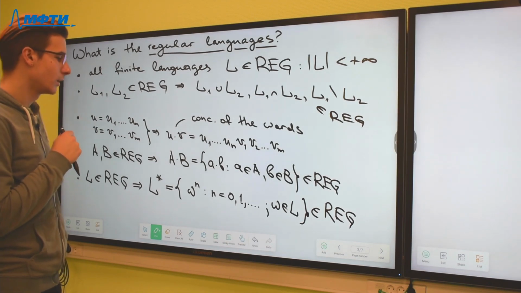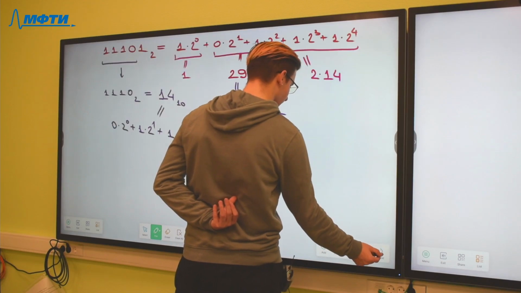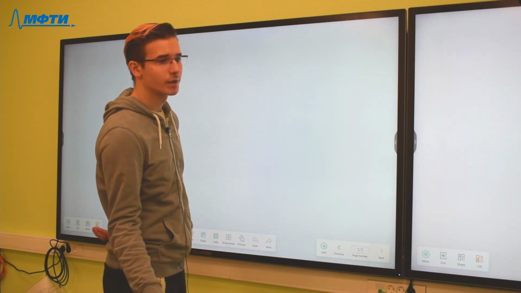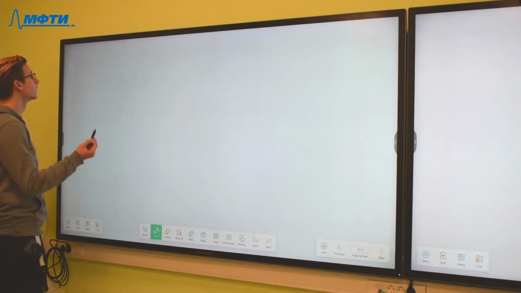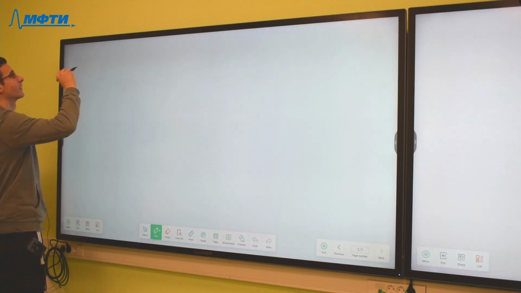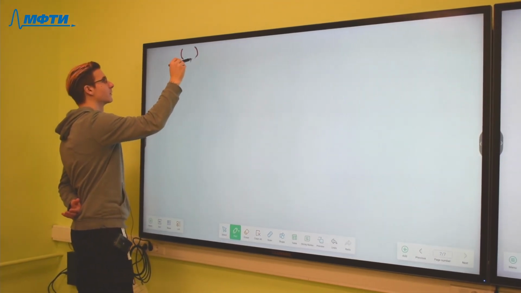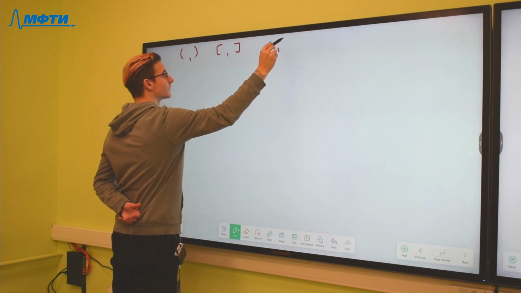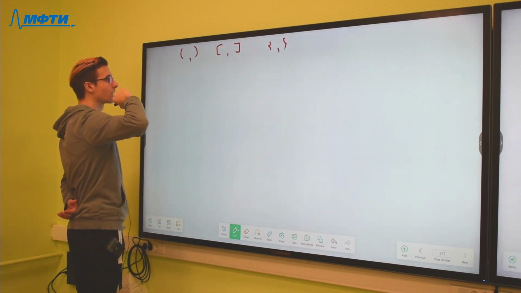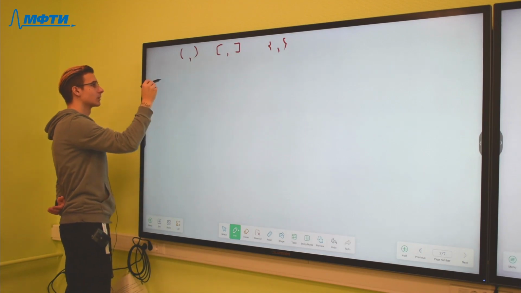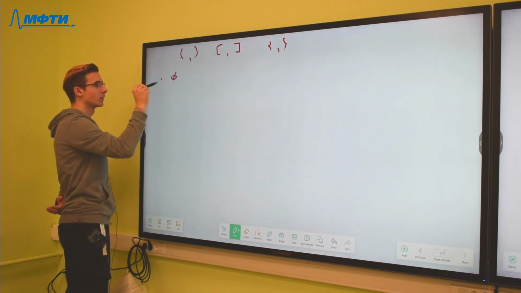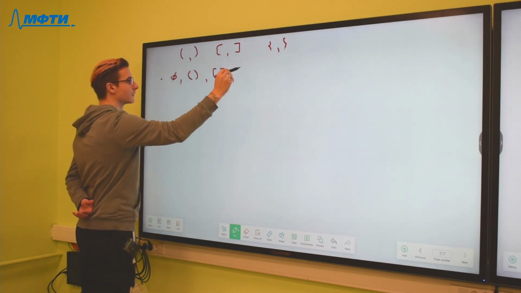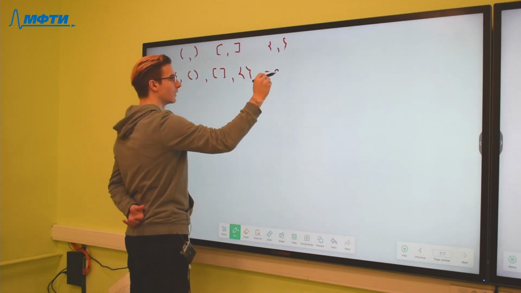For example, one of the definitions of a correct bracket sequence is that if we have some brackets, we say that the empty sequence, this sequence, and this one are correct.